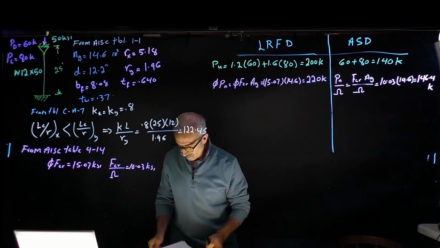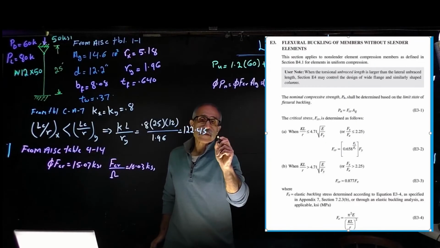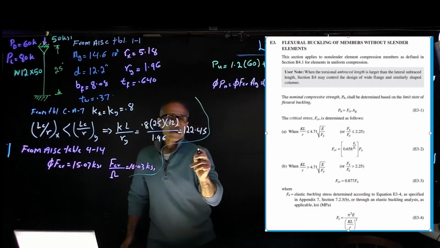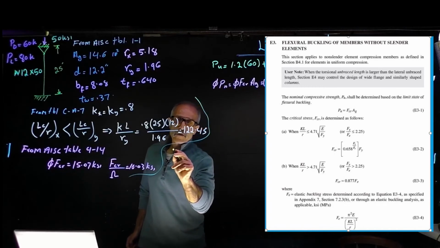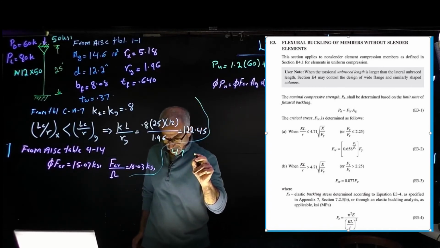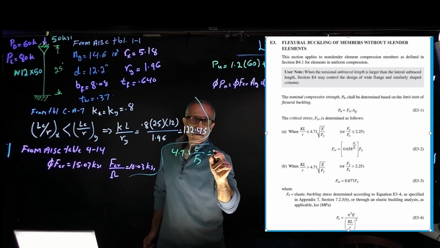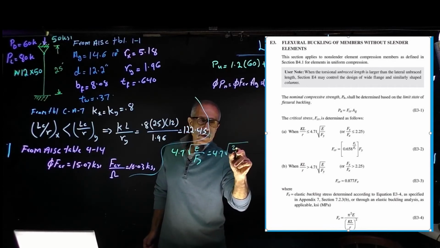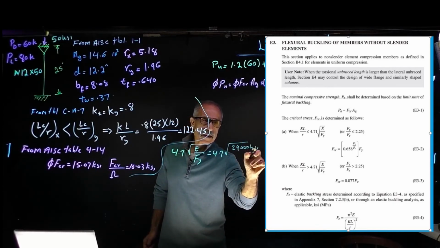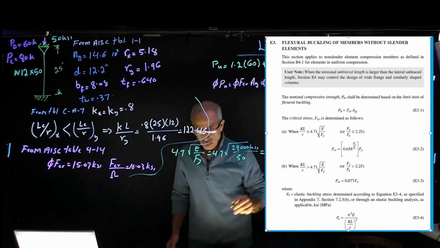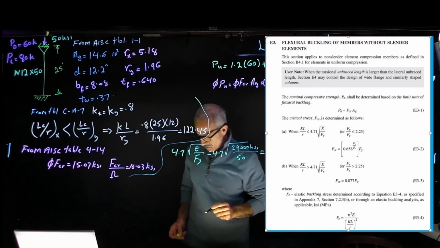So one thing we want to know first is 4.71 times the square root of E divided by Fy. That gives me 4.71 times the square root of 29,000 KSI divided by 50, which comes out to 113. Now we have that number.